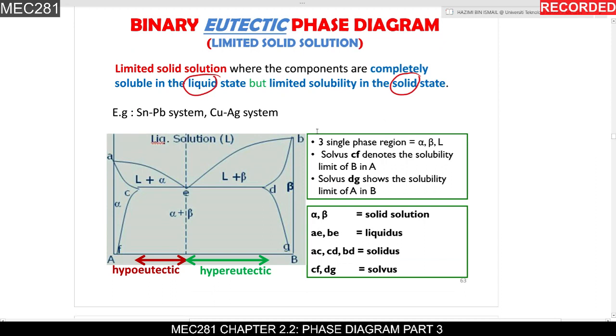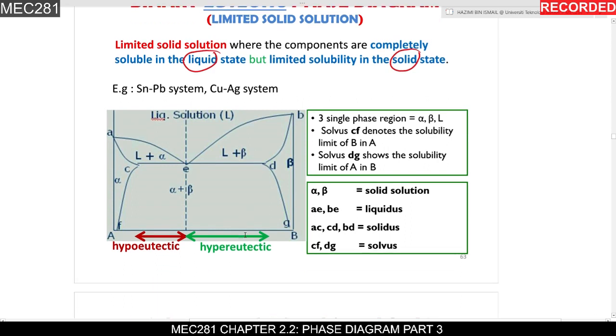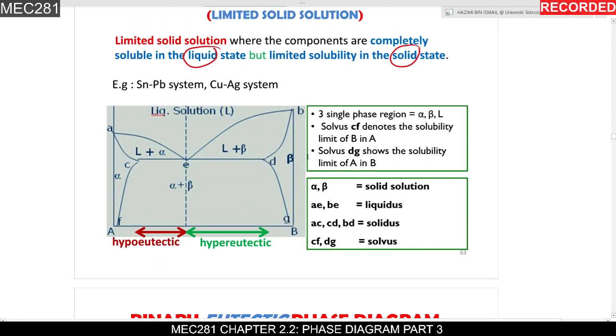As shown in this diagram, you can see the difference between the limited solid solution and the complete solid solutions: you have this region. Before this, we do not have this region for the complete solid solution. In the limited solid solutions, there are 3 single phase regions, of course, because we have the alpha here, the beta here, and the liquid solution here.